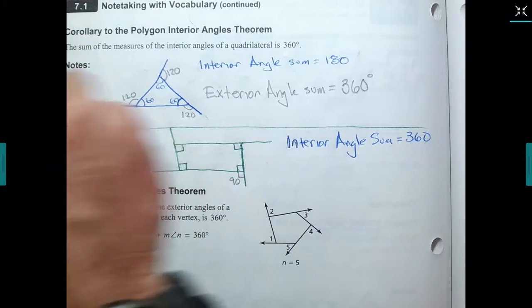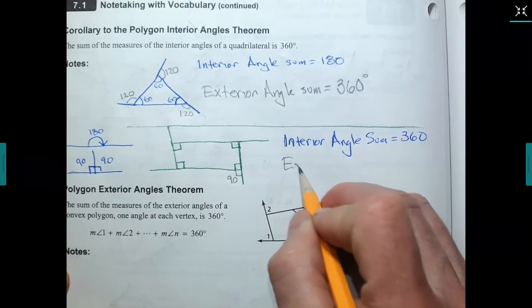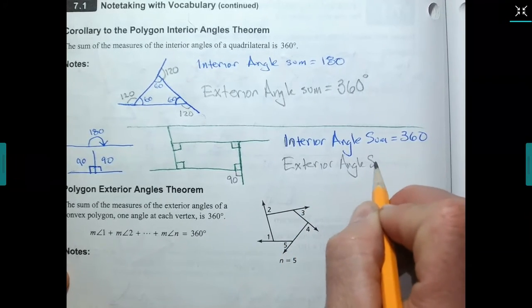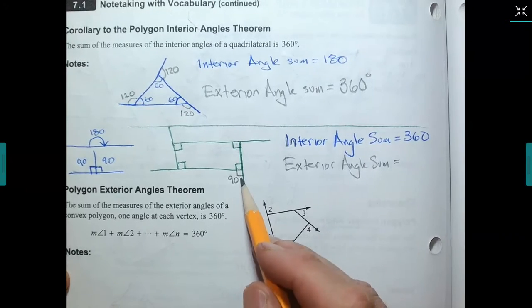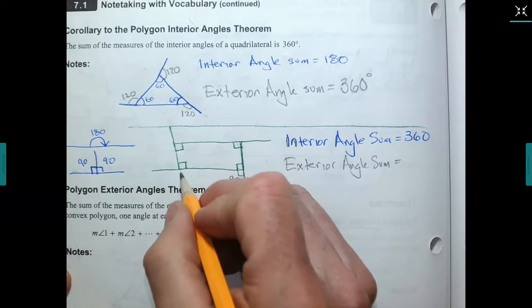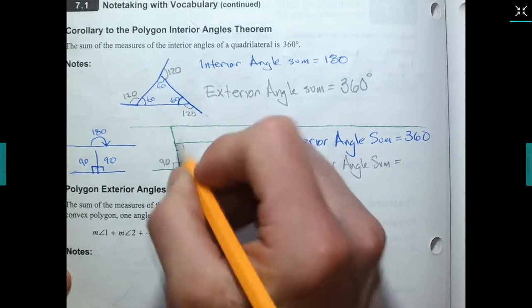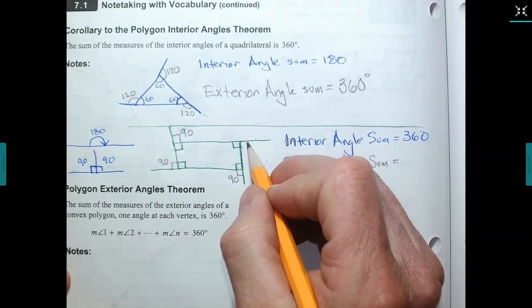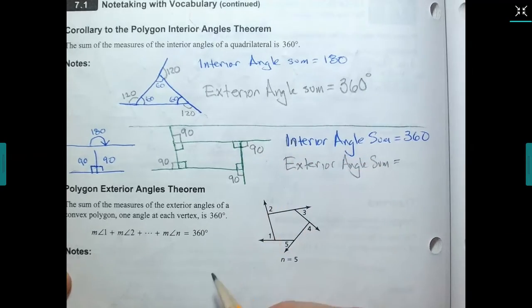So let's see what our exterior angle sum is. Our exterior is the outside angles. So this one's 90 also. This is 90, so this is 90 also. And this is 90, so this is 90 also.